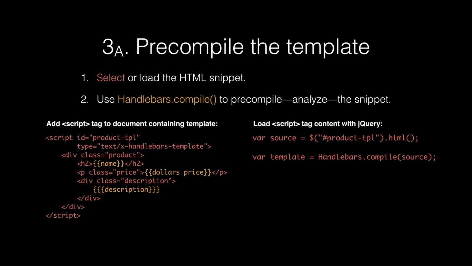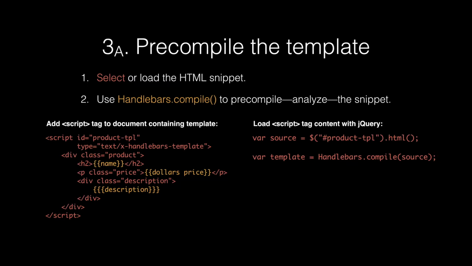Okay, notice that it has an ID of product-TPL, and inside of this script tag is just the div and its inner content that we saw on the last slide, where we were preparing the template. Then the sub-step 2 is shown over here on the right on this slide, and then just in the lower portion on the left-hand side of your note sheet, where we load the script tag content with jQuery.